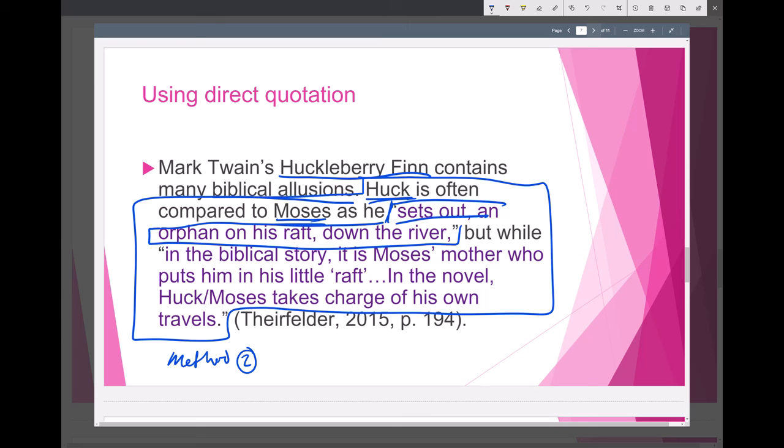In the second quote, you see the difference between them, while they're similar, is that Moses' mother was the one who put Moses in the raft, but in Huckleberry Finn, there's no mother to put him in the raft. He was in charge of his own travels. By using quite direct quotation, this person who wrote this wanted to keep the author's words. They seem important to that person, to capture the author's idea.